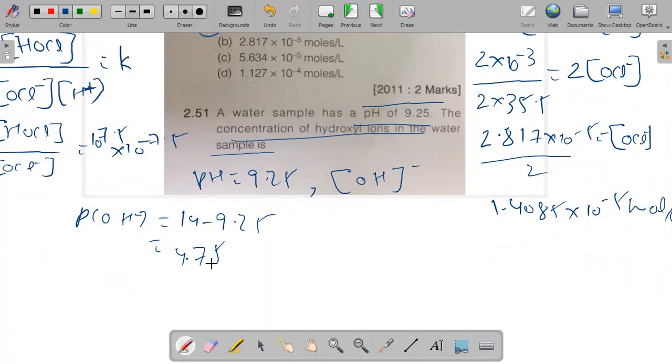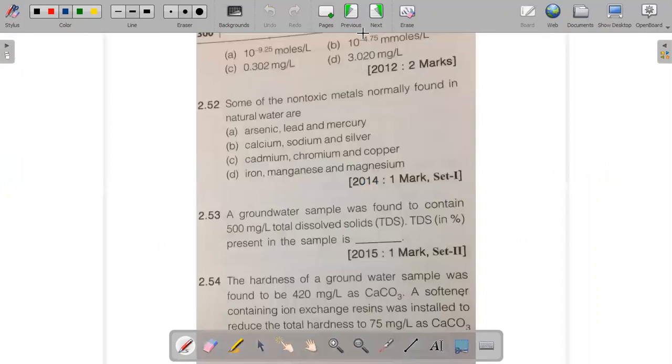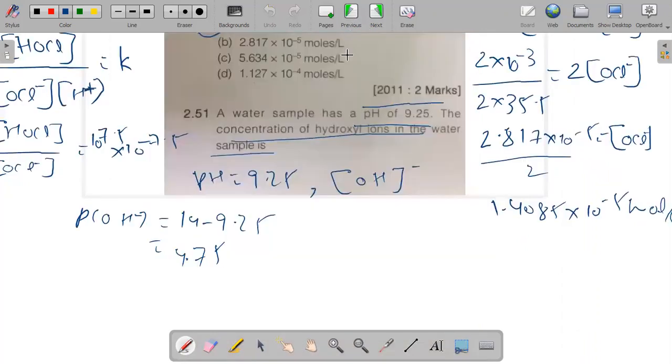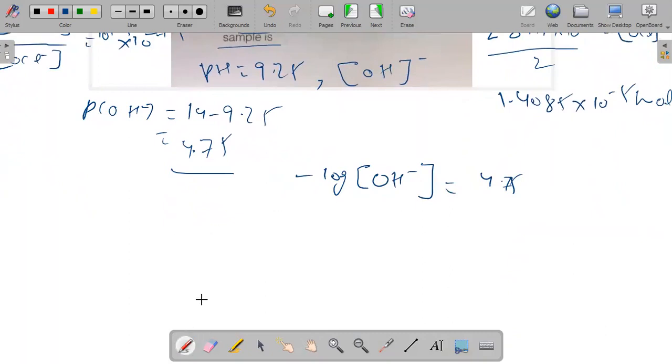Given this value 4.75, we have pOH. So here, negative log of OH minus is 4.75. So OH minus is equal to 10 to power minus 4.75.